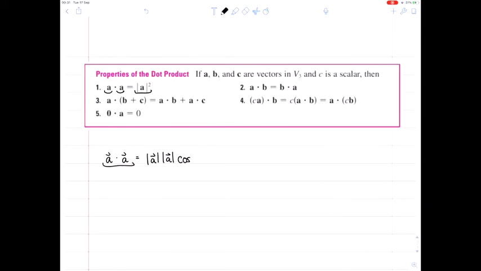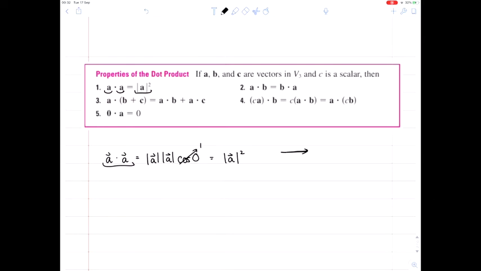But if you've got the same vector, each vector lies on top of the other, so our angle is 0 and the cosine of 0 is 1. So that's how we get that if you dot a vector with itself, you get the magnitude of the vector all squared.